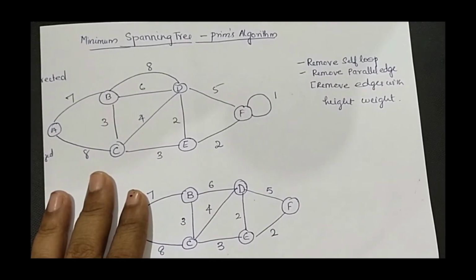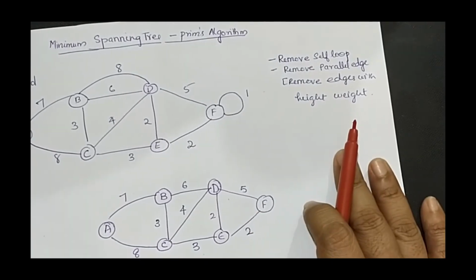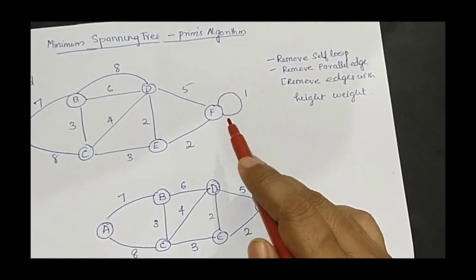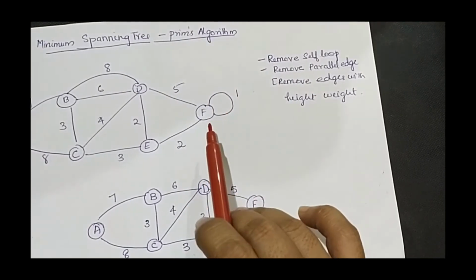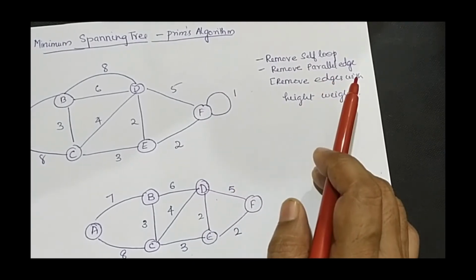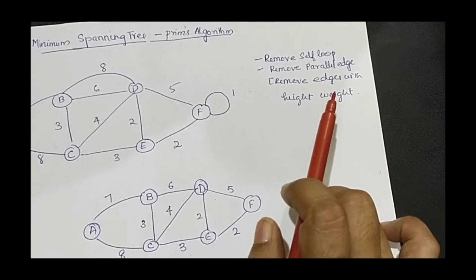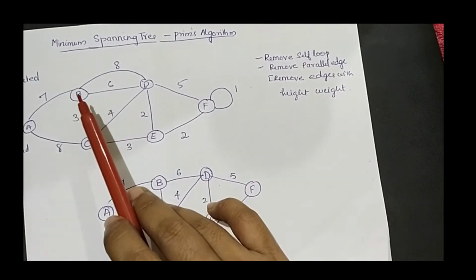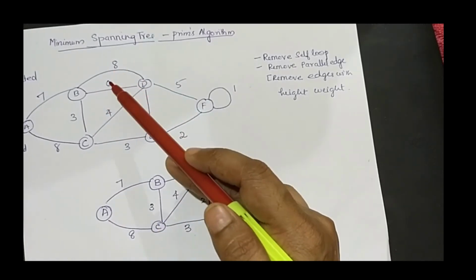So this is the graph which is given to you. First thing you have to do is remove the self loop. There is a self loop over here and it has to be removed. Never mind the weight, you have to remove this self loop. Next, you have to remove the parallel edge, removing the edge with the highest weight. You can see parallel edges between B and D. Two edges are there.